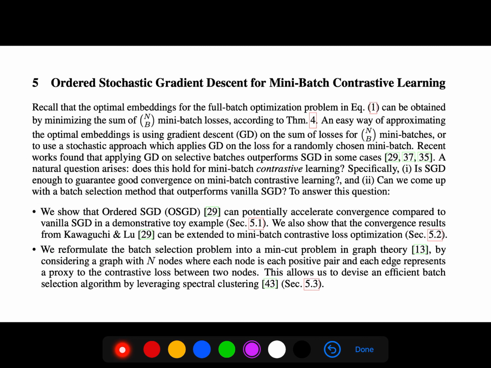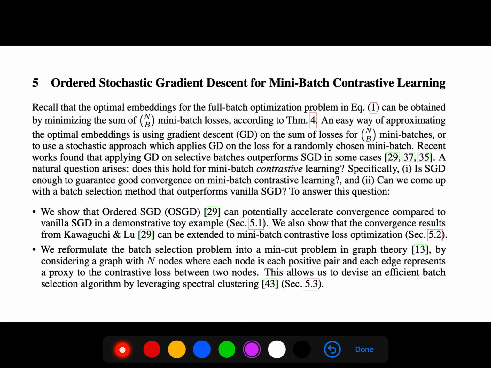Recall that the optimal embedding of the full batch optimization can be obtained by minimizing the sum of mini batch losses. An easy way of approximating the optimal embeddings is using gradient descent on the sum of losses for the n choose B mini batches, or to use a stochastic approach which applies gradient descent on the loss for a randomly chosen mini batch.